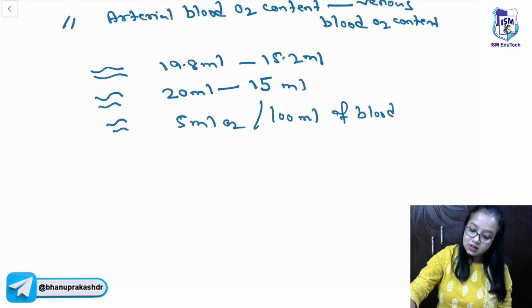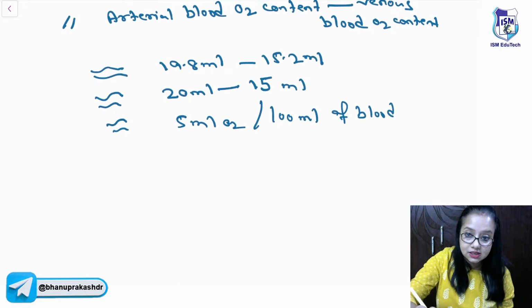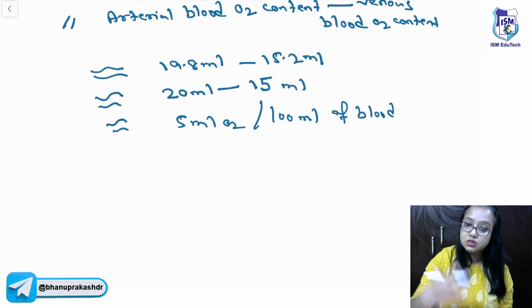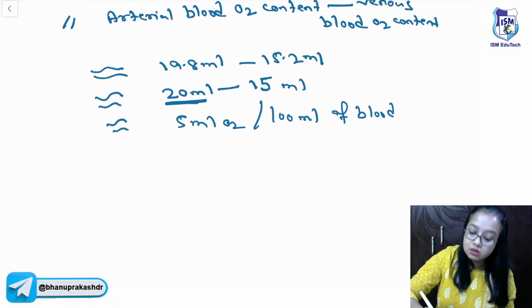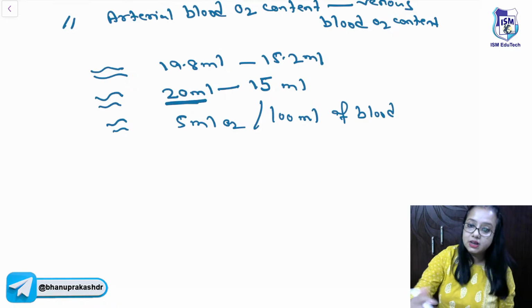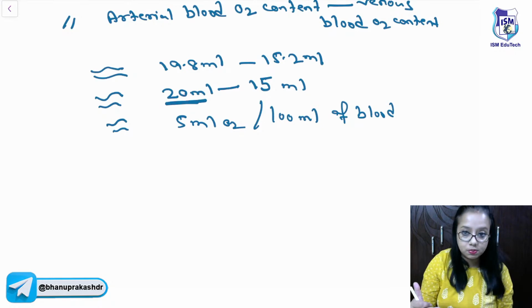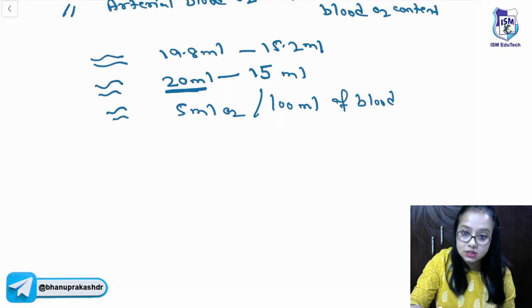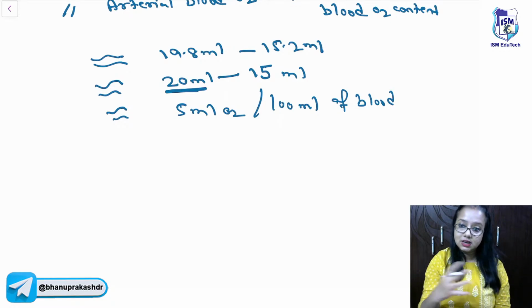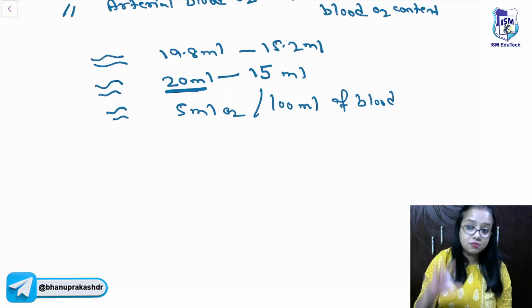What does it mean? That 5 ml of oxygen is being given out from the arterial blood to the tissue, and 5 ml of oxygen per 100 ml of blood is being used by the tissues for their metabolic process, for their own cellular function. So every time 100 ml of blood goes to the tissue, it is giving away 5 ml of oxygen to the tissues.